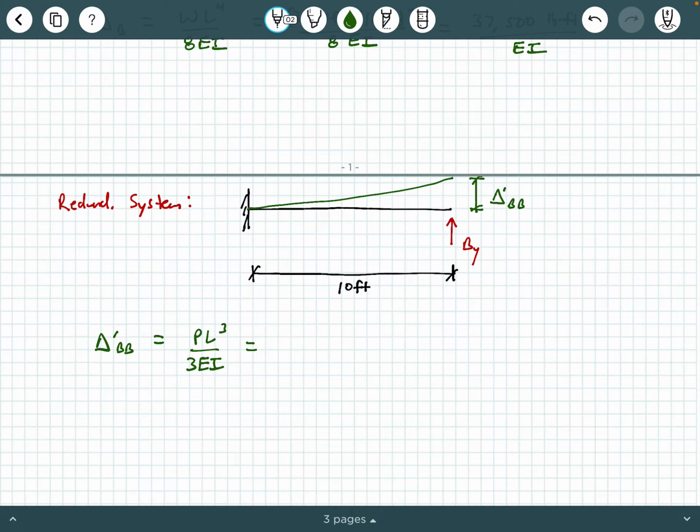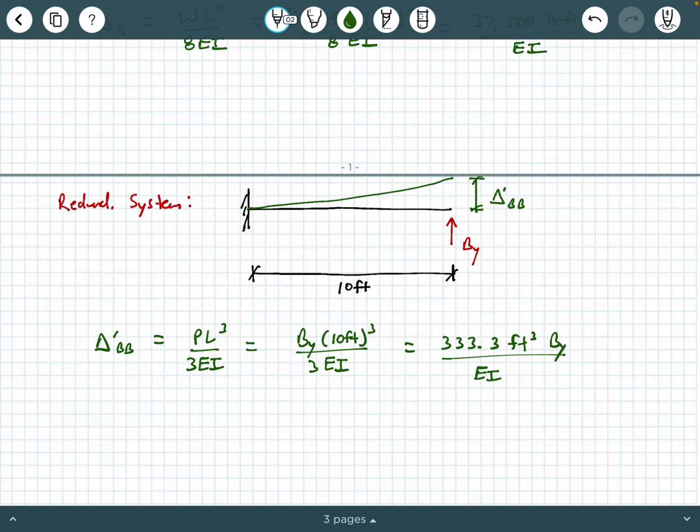What we call P in our deflection equation here is going to be BY. That's going to be the applied load at that free end. So we're going to write this as BY, and then L is 10 feet, so you're going to have 10 feet cubed over 3EI, and we'll end up getting 333.3 feet cubed times BY in that numerator, all divided by EI.